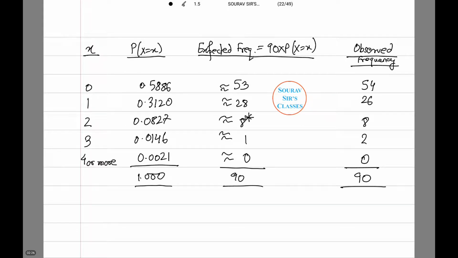This is how we have fit the data into the Poisson distribution. This is what the table will look like. The expected frequency has been calculated and rounded off to make the total 90 in this case. Now we find the observed frequency.